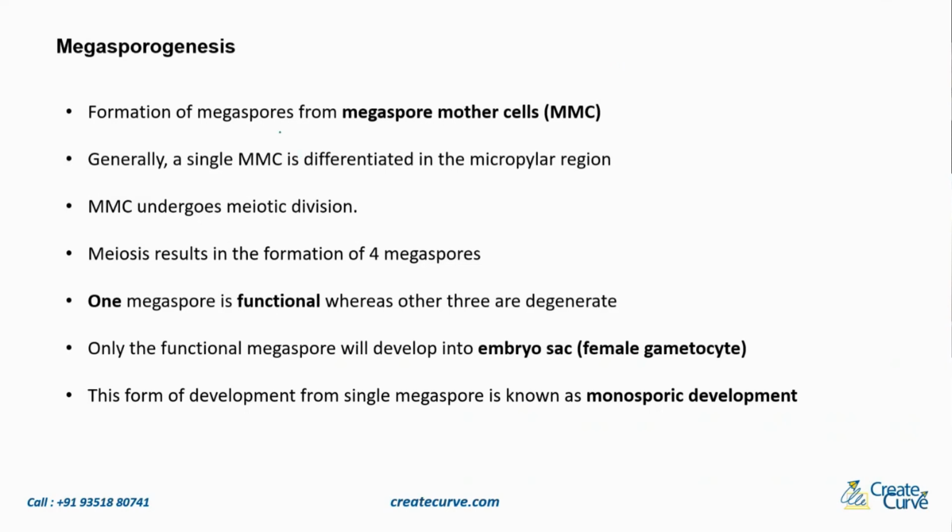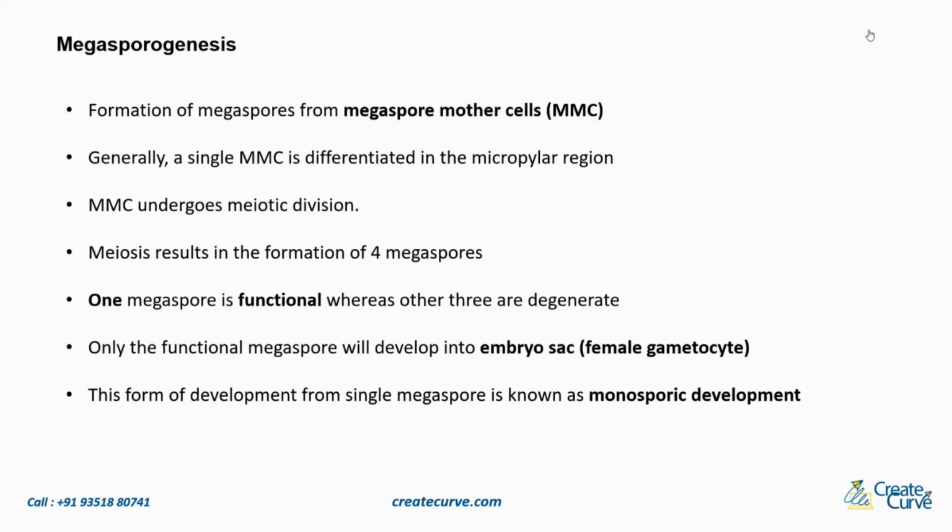Here, the formation of the megaspores occurs through the megaspore mother cells, called the MMC. In microsporogenesis, it is the pollen mother cells, abbreviated as PMC. Here it is MMC. When you write your answers in exams, don't mix up the two.